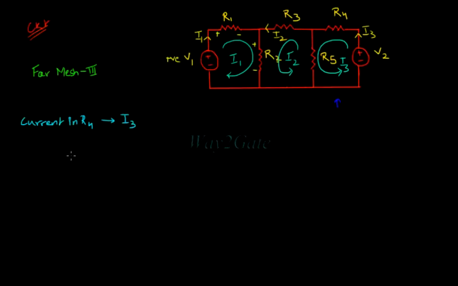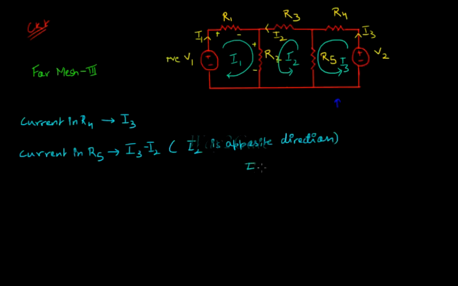Here the current in R5 is I3 minus I2, as the direction of current I2 is opposite, where I3 direction is considered positive and I2 direction is considered negative.